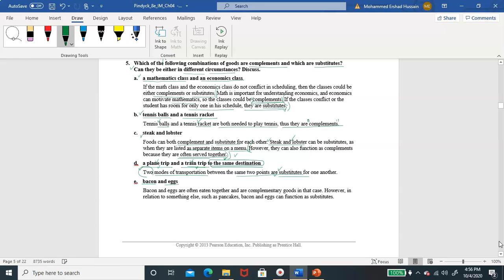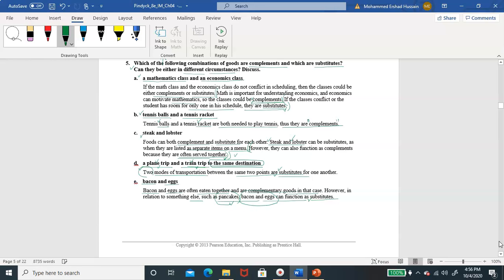Bacon and eggs. Bacon and eggs are often eaten together and are complementary goods in this case. However, in relation to something else such as pancakes, bacon and eggs can function as substitutes, right? Either you eat pancake or you eat bacon and eggs, right?